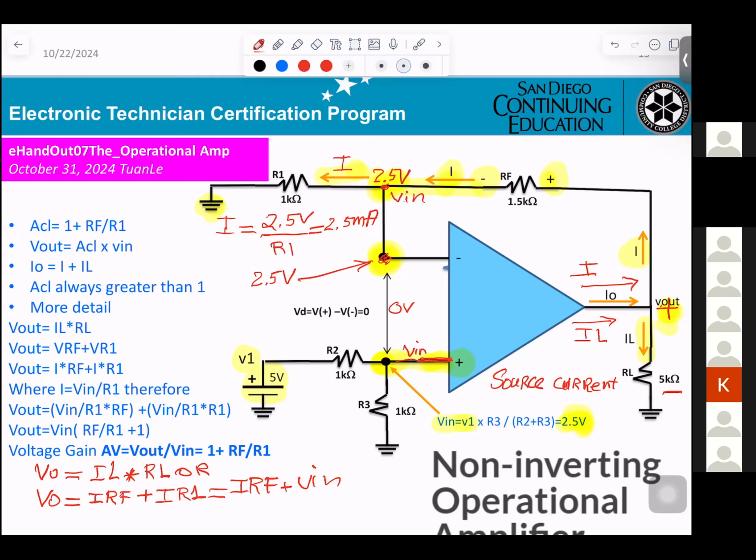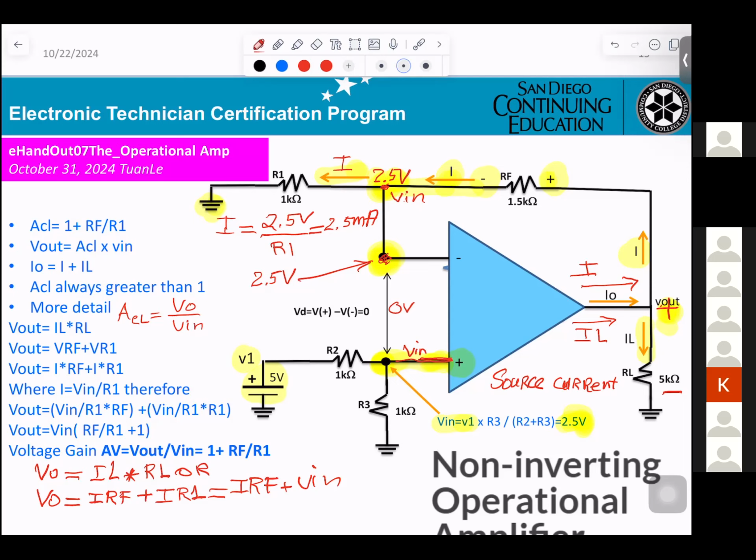So now you take V out, divide by V in. That's the basic definition: output divided by input gives you ACL.